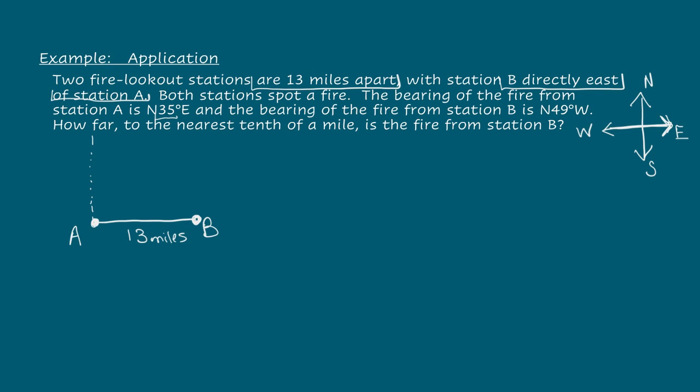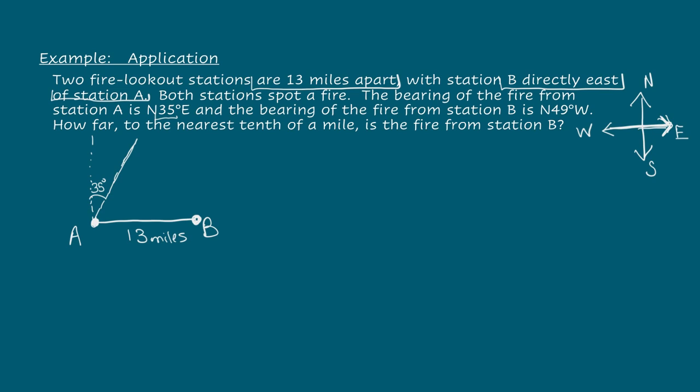So we come off 35 degrees in this direction, and then to the east, which means we go to the right, because remember the east is to the right, but not totally to the right, like not a full 90 degrees, but just 35 degrees. So we're going to make an angle this way to the fire. So the fire's over here somewhere.